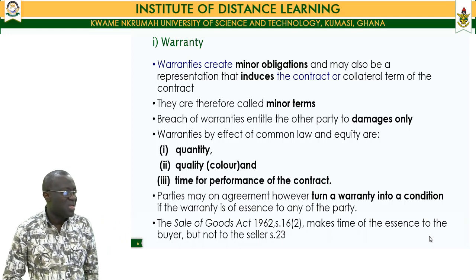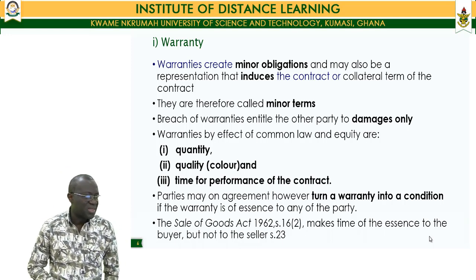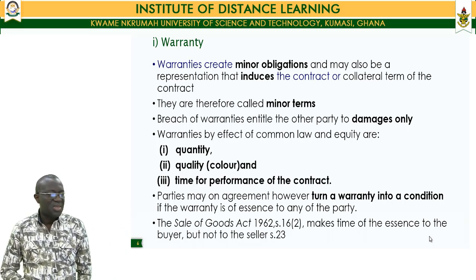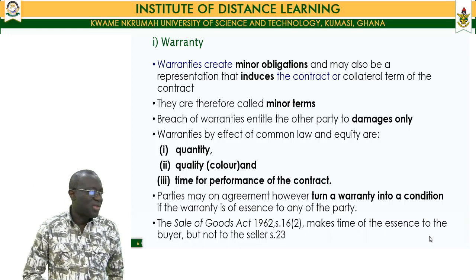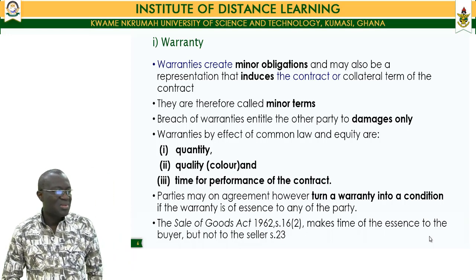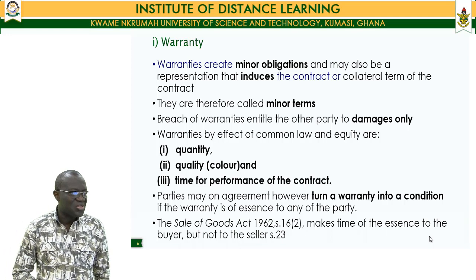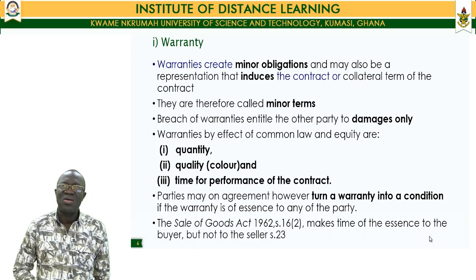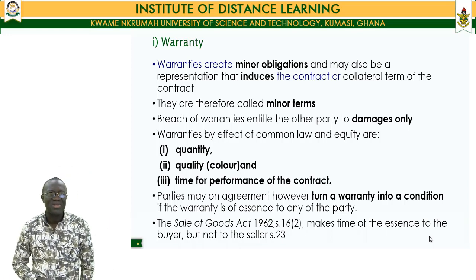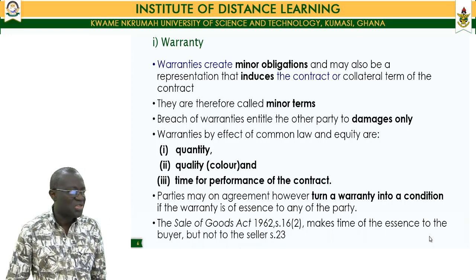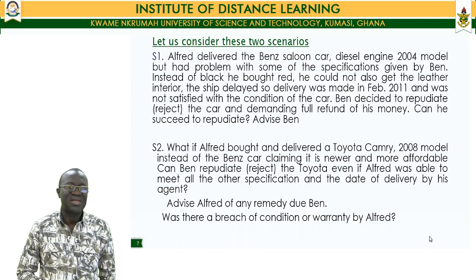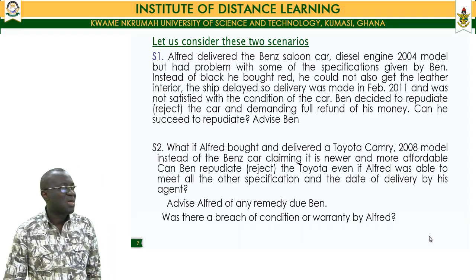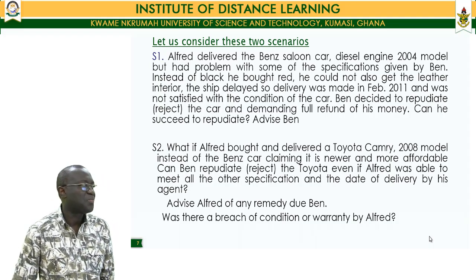So it means that in this case, under Ghanaian law or statutes, time is already by statute reserved as of the essence to the buyer, meaning it is already a condition and not a warranty. It has been changed into a condition for anybody engaged in a transaction of goods, a transaction that will require no repudiation.